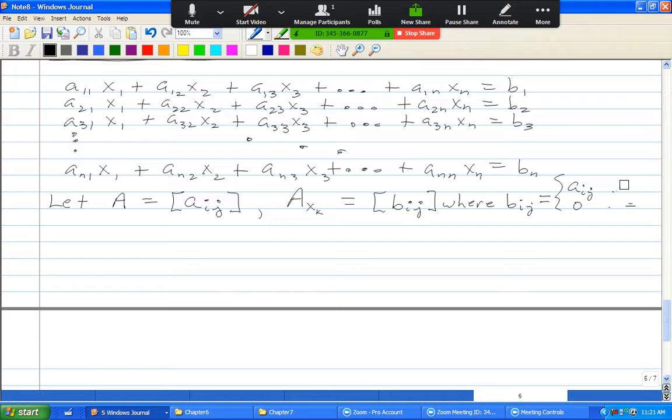So where you replace your kth column, I wrote the wrong thing, by the non-homogeneous part of the equation.